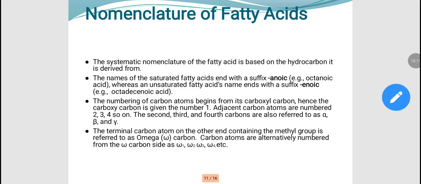The terminal carbon atom on the other end, containing the methyl group, is referred to as the omega carbon. The carbon atoms are alternatively numbered from the omega carbon side as omega 1, omega 2, omega 3, omega 4, etc.